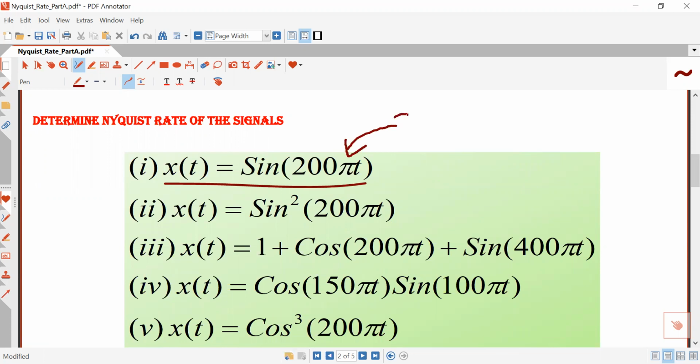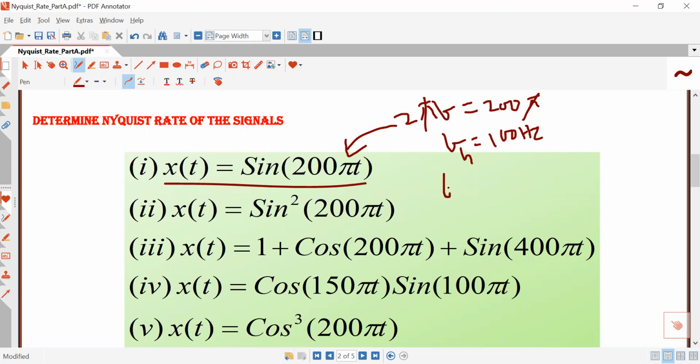Obviously here 2 pi f, or omega, is 200 pi. So this pi will cancel. The frequency existing in this signal is 100 Hz, and this is a single frequency existing in this signal. So this will be the highest frequency.